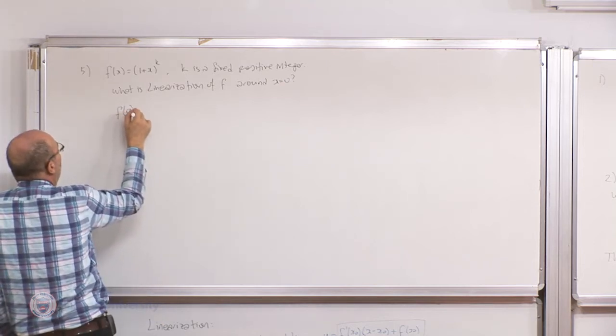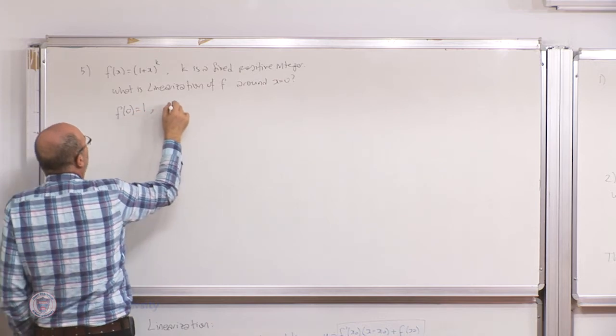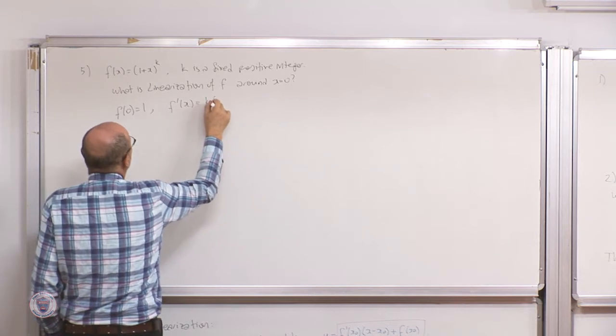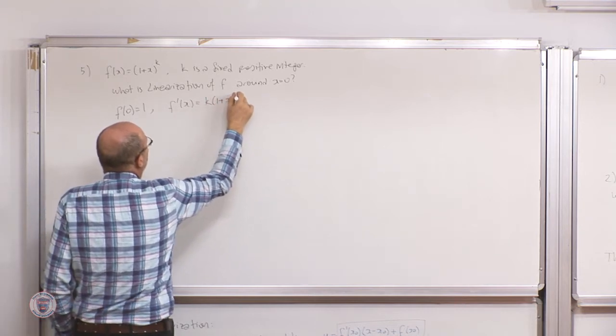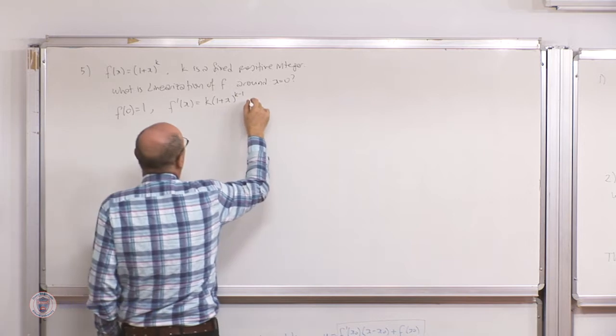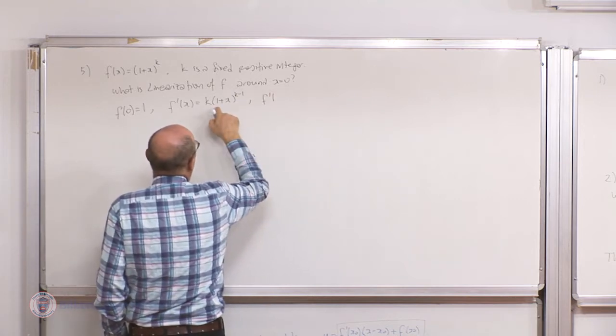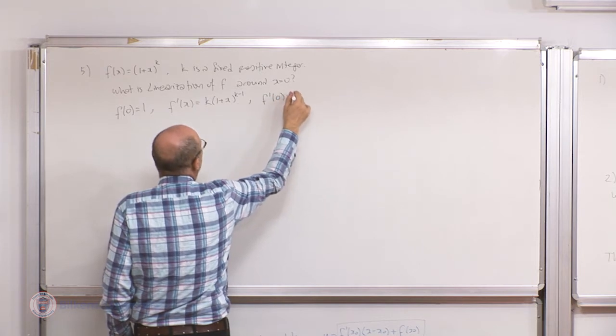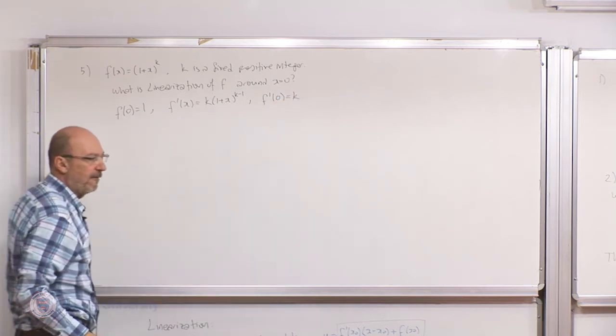You calculate f of 0, which is 1. Now you calculate the derivative at a general point. This is k times 1 plus x to the k minus 1. Now you evaluate this derivative at the given point. In our case, that point is 0, so this is k. Okay?